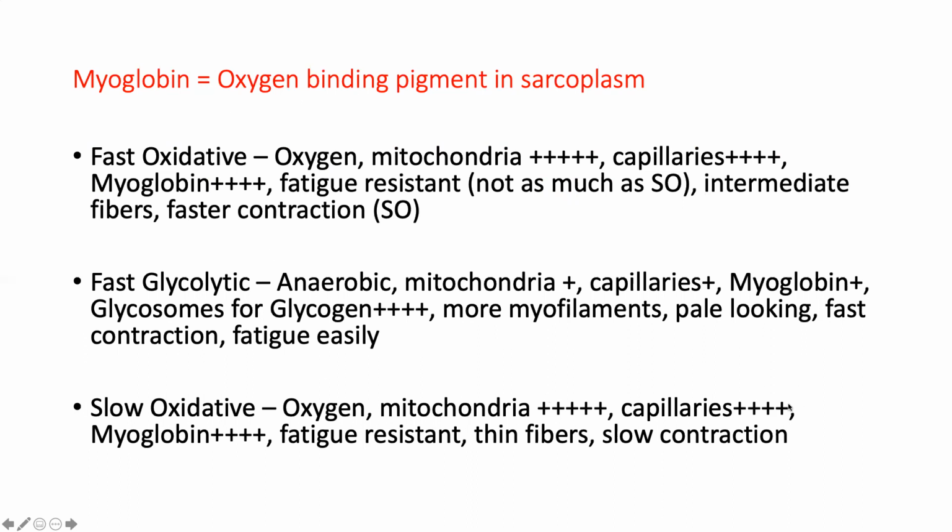So with many capillaries, we have many RBCs, and many RBCs will carry much oxygen. That oxygen will be entrapped by the myoglobin, and therefore slow oxidative fiber has lots and lots of myoglobin.